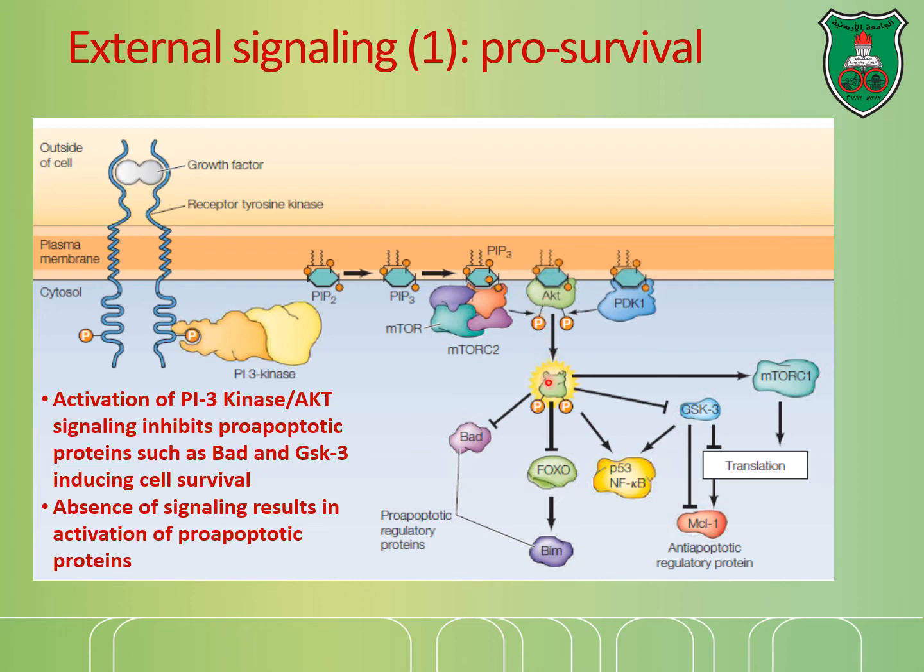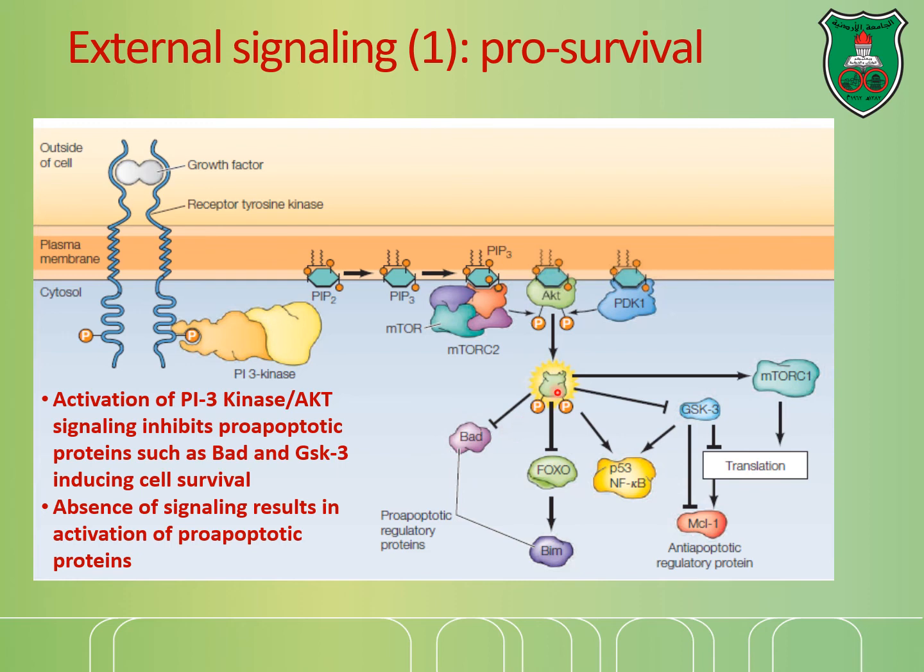AKT, once activated, can have several actions. For example, it can phosphorylate a pro-apoptotic protein known as BAD. When BAD is phosphorylated by AKT, it would not be active anymore. So what AKT does is that it inhibits apoptosis and it induces survival.